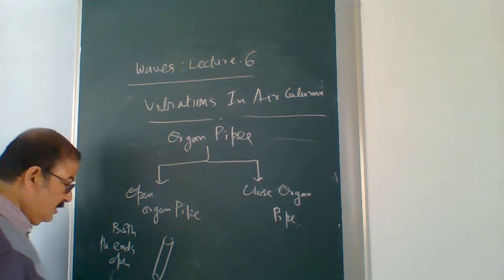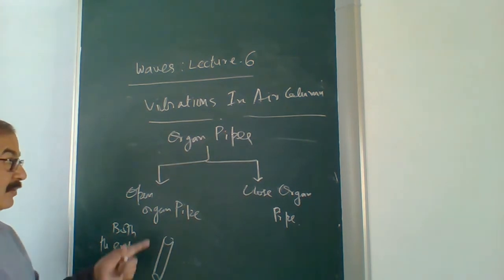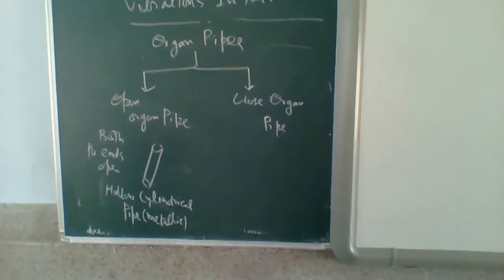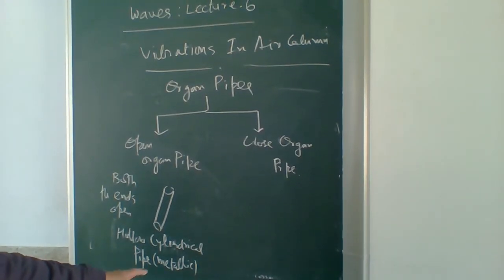It is a hollow cylindrical metallic pipe that we call as the open organ pipe, and you can see open organ pipe. It is a hollow cylindrical metallic pipe.